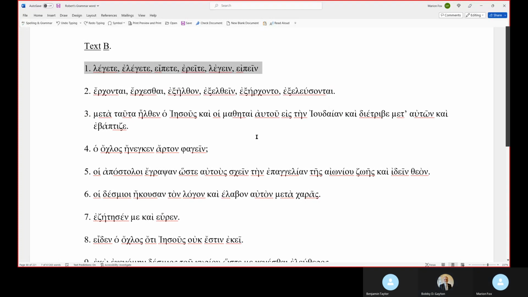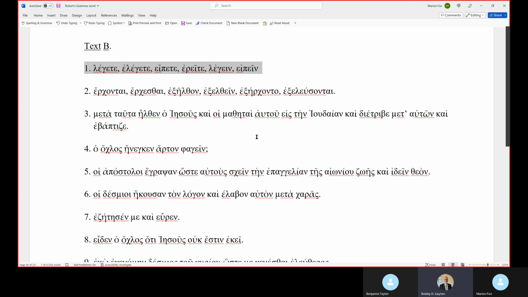Legete, wait just a minute. Legete, you all are saying. Okay, I translate present active indicative, second plural. And then it can also be translated, I think, as middle.